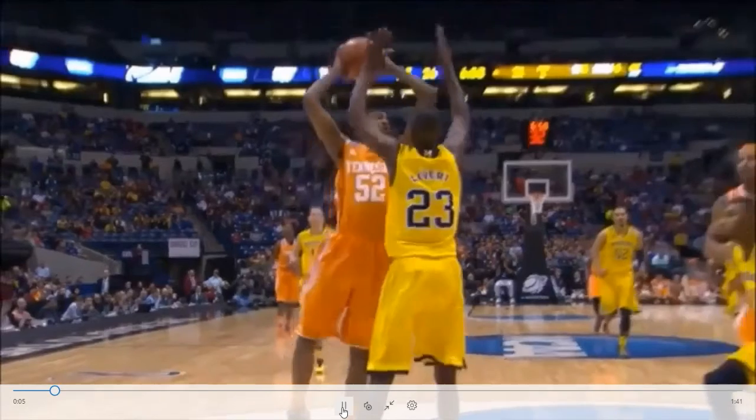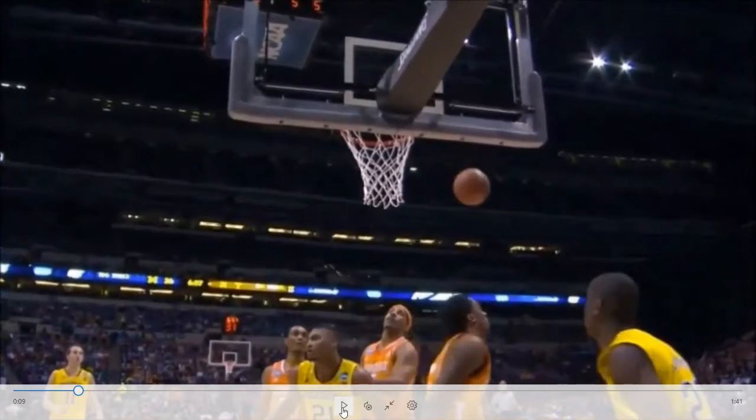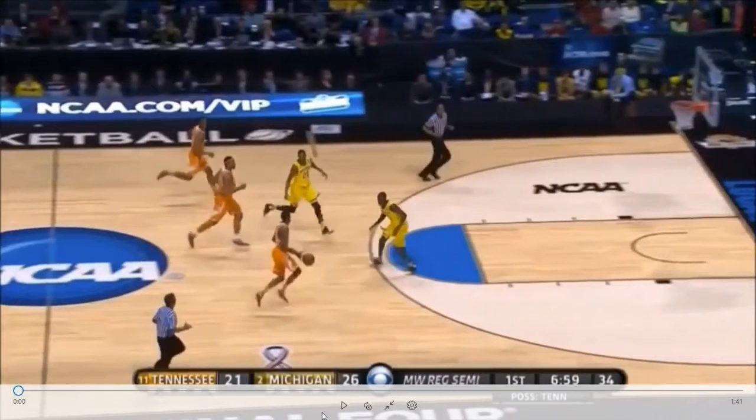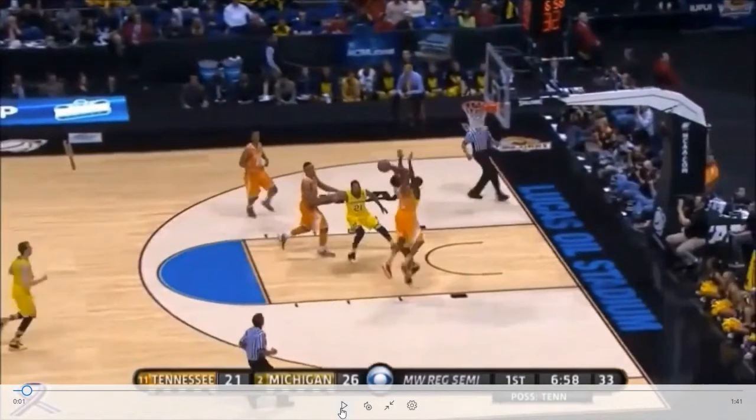And I think probably incorrectly here. I think I'd rather see a no call on this play. Yeah, the Tennessee player does generate the contact, and the defender's holding his ground. Verticality.